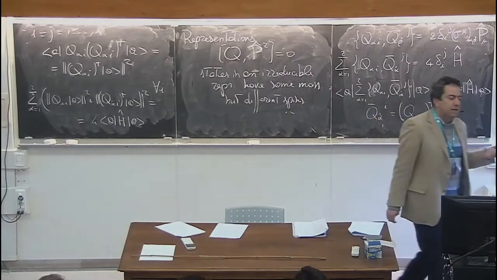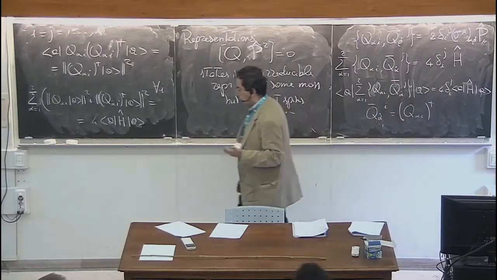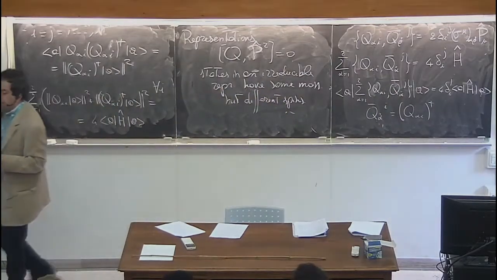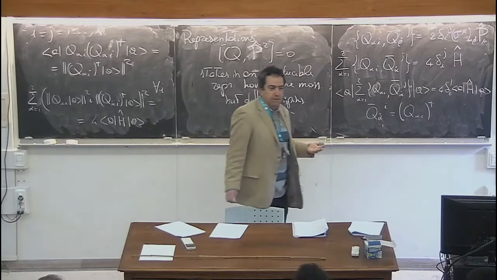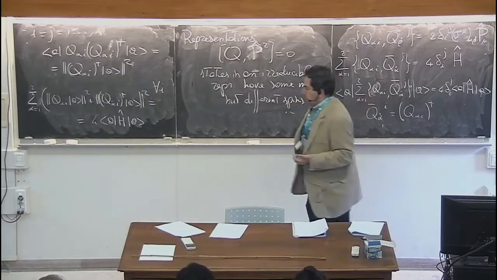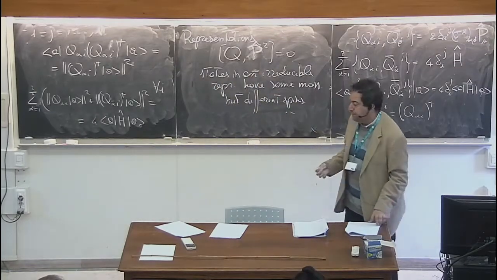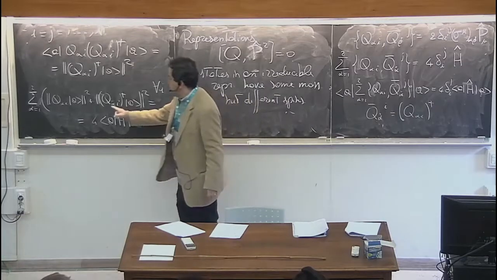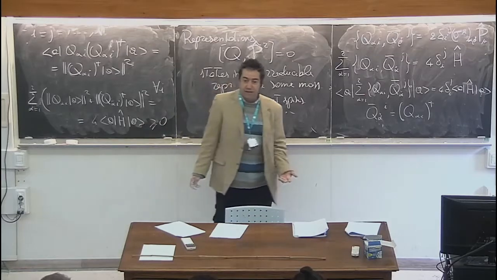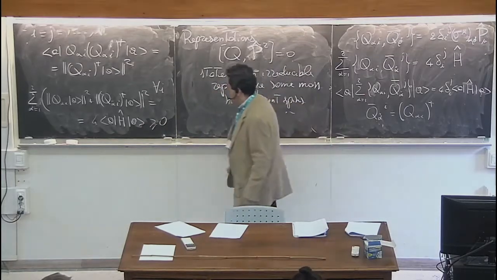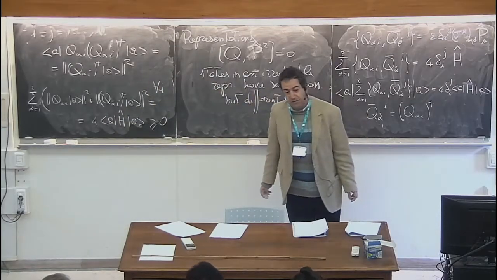Now, under the reasonable assumption that the norm on the Hilbert space of states be positive definite, or at least not indefinite, because we want the norm of physical states to be positive, this implies that this has to be greater or equal than 0, because the expectation value of the energy on any state cannot be negative.